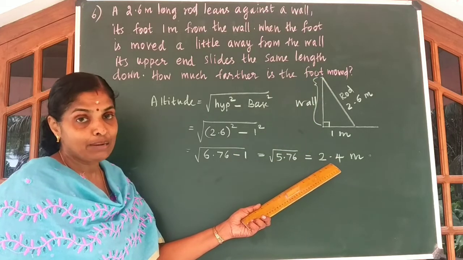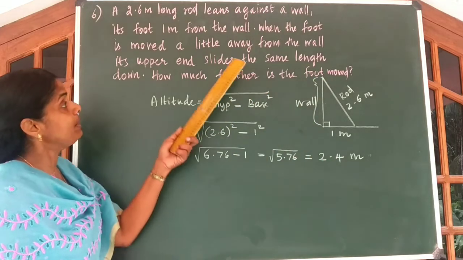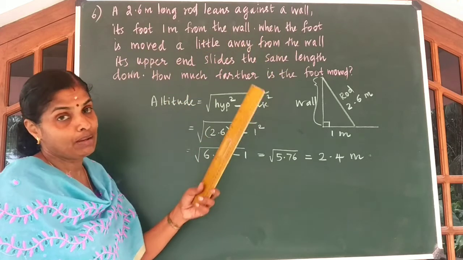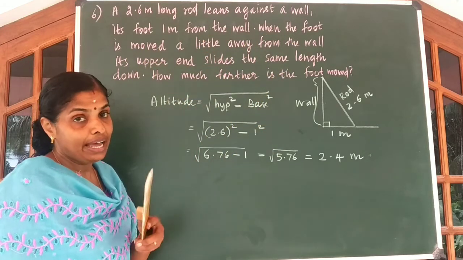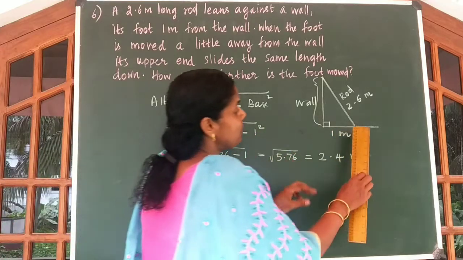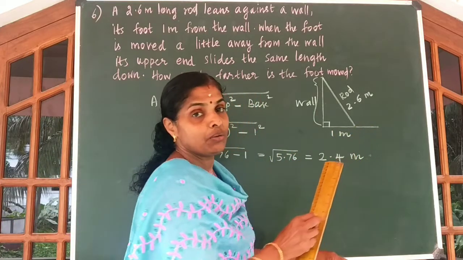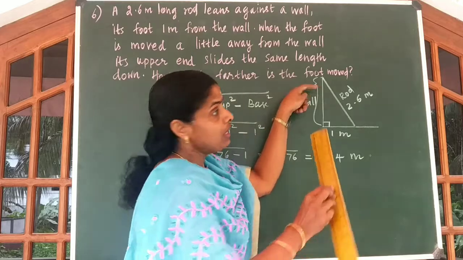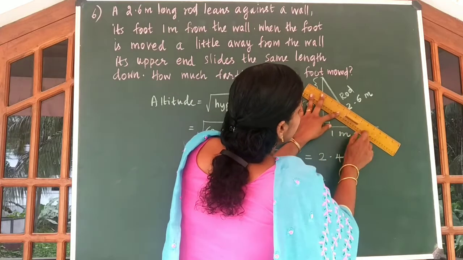Come to the second part of the question. When the foot is moved a little away from the wall, I will draw another figure. When you move this foot, what will happen? It will slide down. So you get a figure like this.